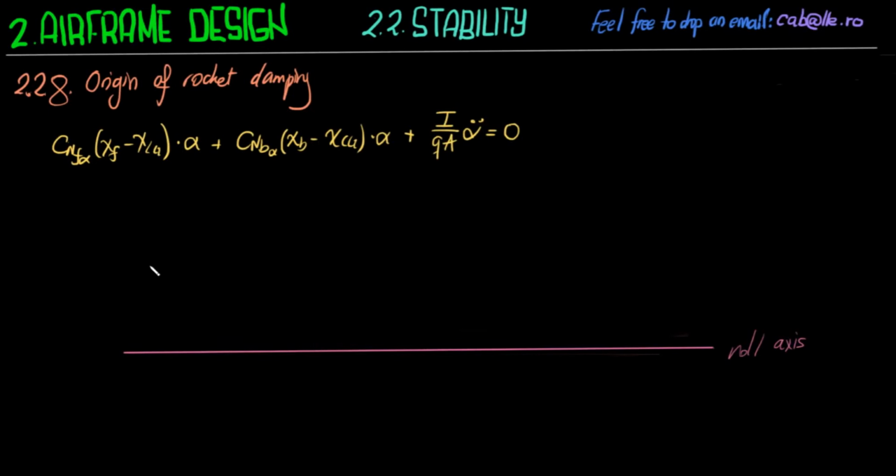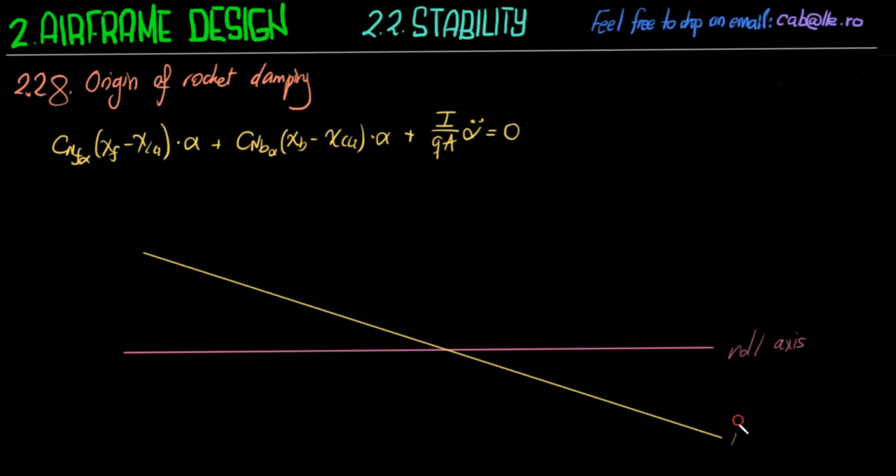So, and then the rocket is at a certain angle of attack. So the rocket axis is at an angle alpha with the roll. No, sorry. The incident wind is at a certain angle with the roll axis. Okay, so let me draw it. Okay, so this is the wind.